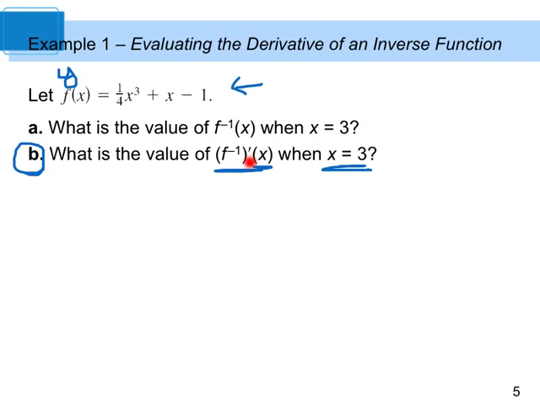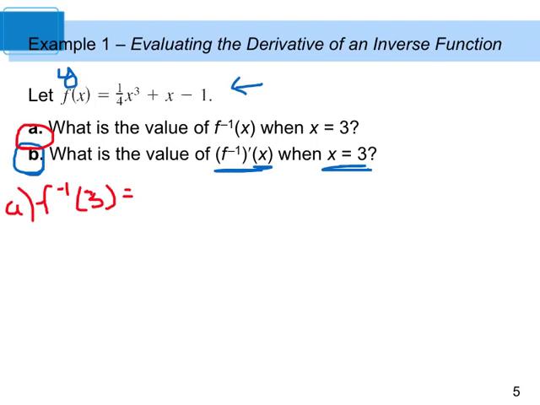So what I'm going to do instead is use the formula that we just went over. First, we'll do the first step, which is finding the value of f inverse of 3. So part A is really asking, what is f inverse of 3?